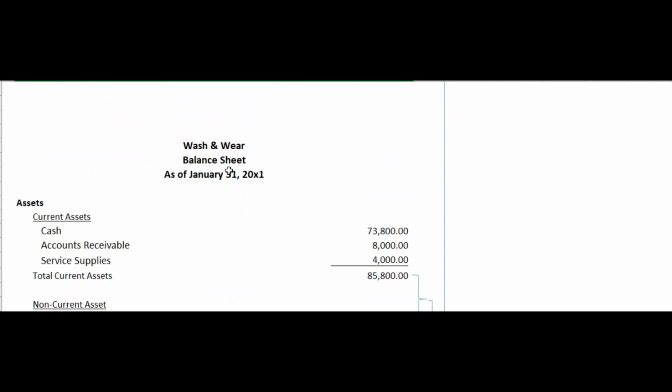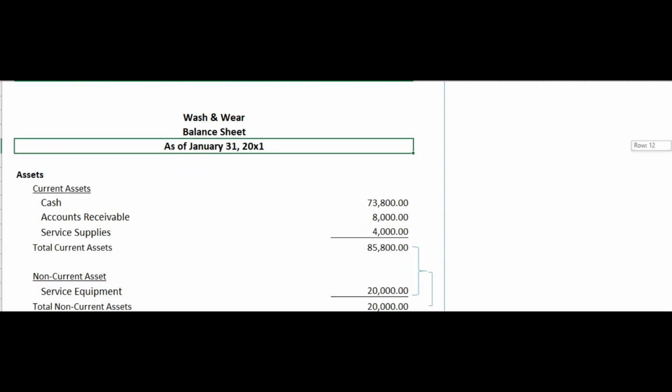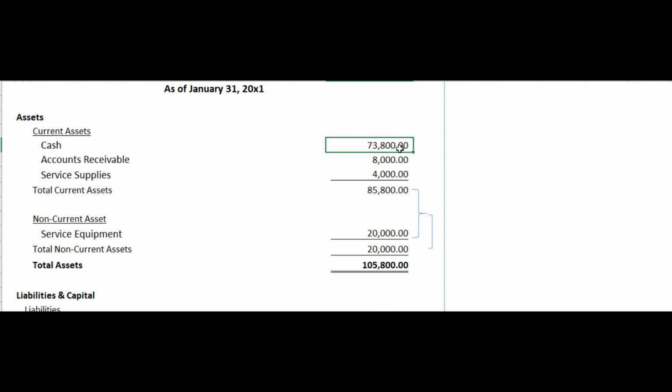Kaya as of, meaning mula nung nag-start yung business hanggang January 31, 2021. Okay. So we have their cash, accounts receivable, service supplies, total 85,000. Meron tayong isang non-current equipment, so 20,000. Yung 20,000 finorward natin dito kasi wala siyang kasama. So 85,000 plus 20,000 is equals to 105,800.